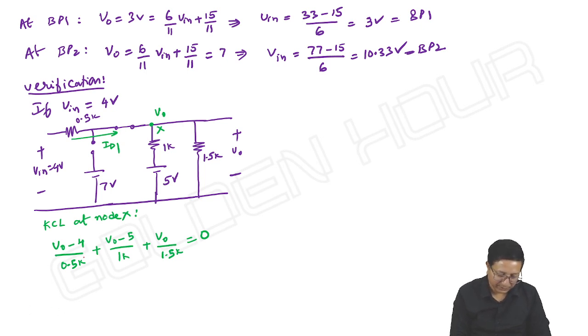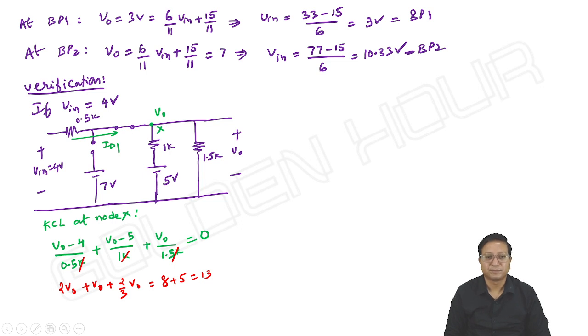Further, I can cancel this, and it is 2 V output plus V output plus 2 by 3 V output is equal to 8. 4 by 0.5 means 8, plus 5, it is 13. Then what about V output?